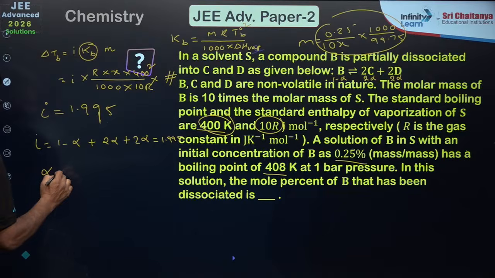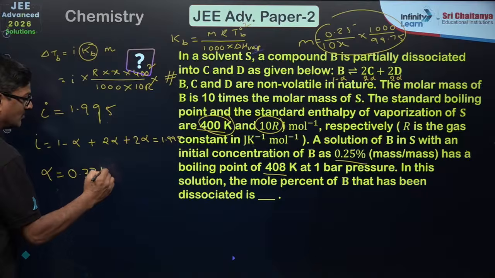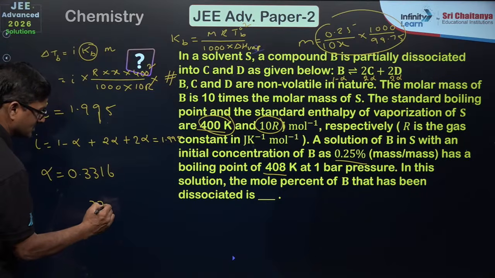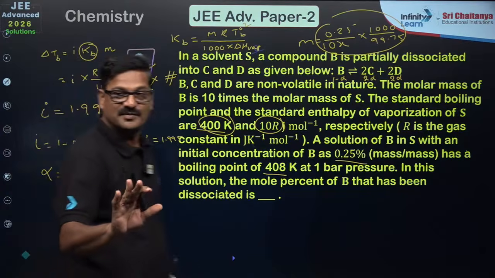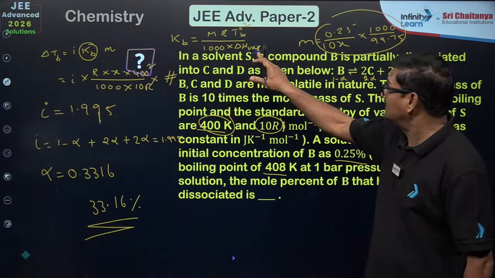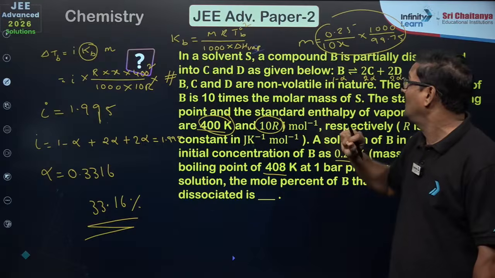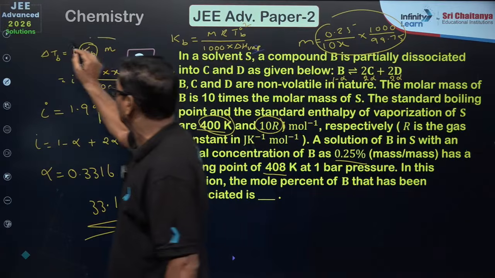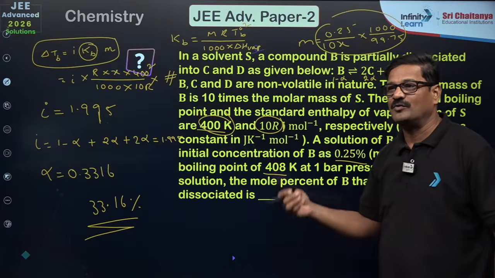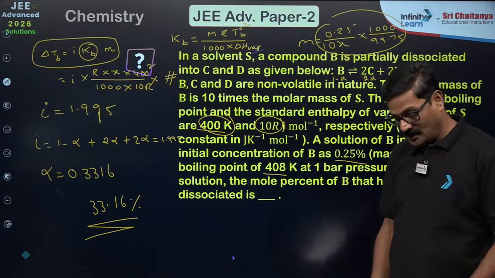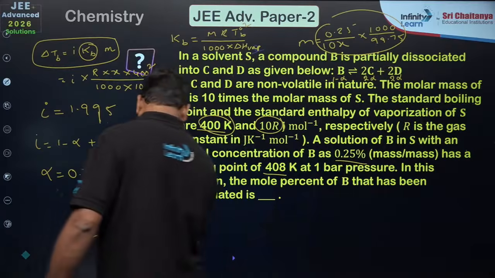Then on solving, the alpha value is going to be 0.3316. So the answer is supposed to be 33.16% for this question. Simply you can do it. This is given in the NCERT and we know this simple formula. But the only tricky point is how you handle this question. And moving ahead, some more questions are there.